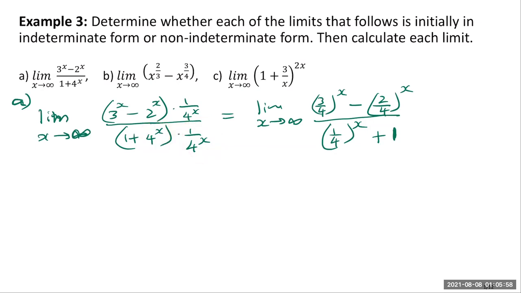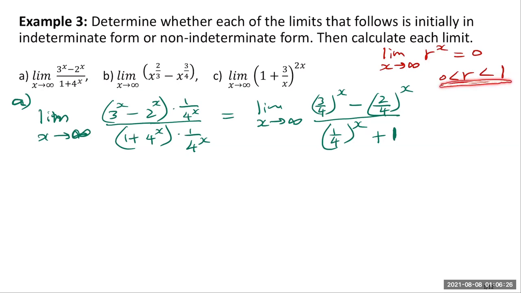Now I can take the limit. In taking the limit, I want you to know a specific rule, okay? We will not be proving this rule, but you need to know this. As x approaches infinity, r to the power x is equal to 0, provided r is bigger than 0 and less than 1.